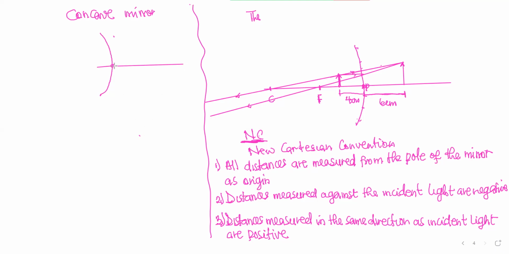All that the convention is saying is that there is a pole and all measurements are taken from the pole, whether concave or convex. Supposing the object is here, from the pole to the object, this distance is the object distance.